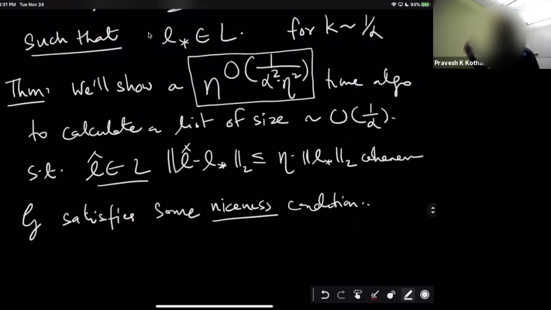By some other techniques which appeared later, we can make the dependence on eta a little better, replacing 1 over eta squared by log 1 over eta, but we will not see that in this class because it's rather messy. But yeah, today this is our goal. This is what we're going to see.